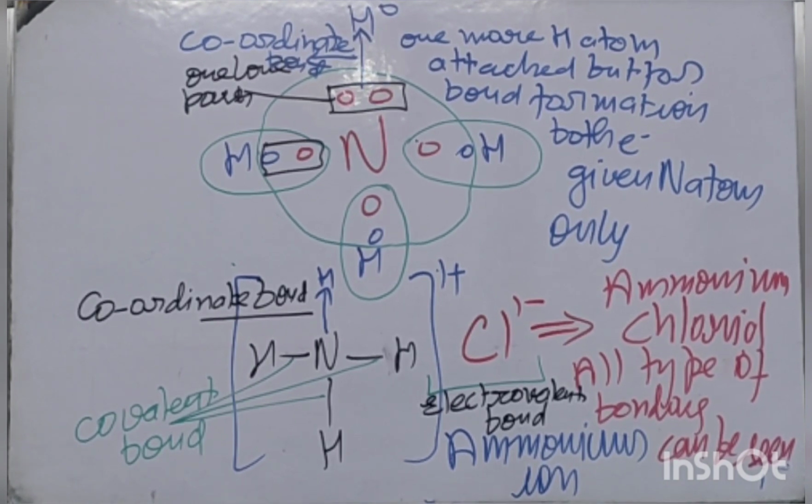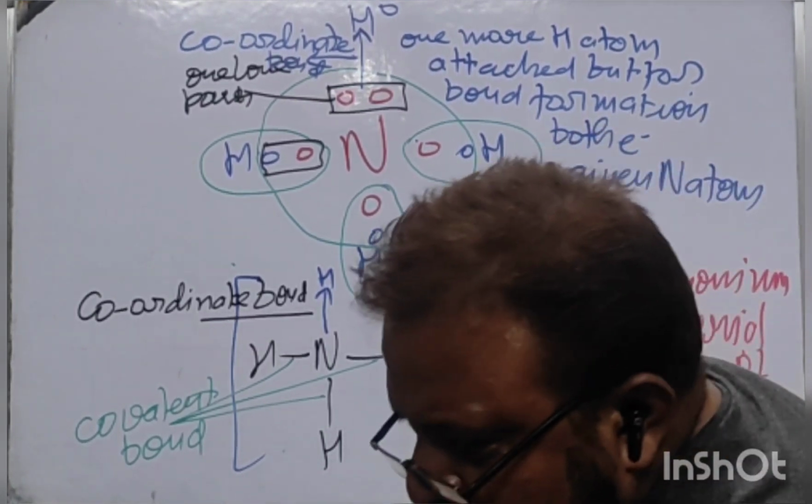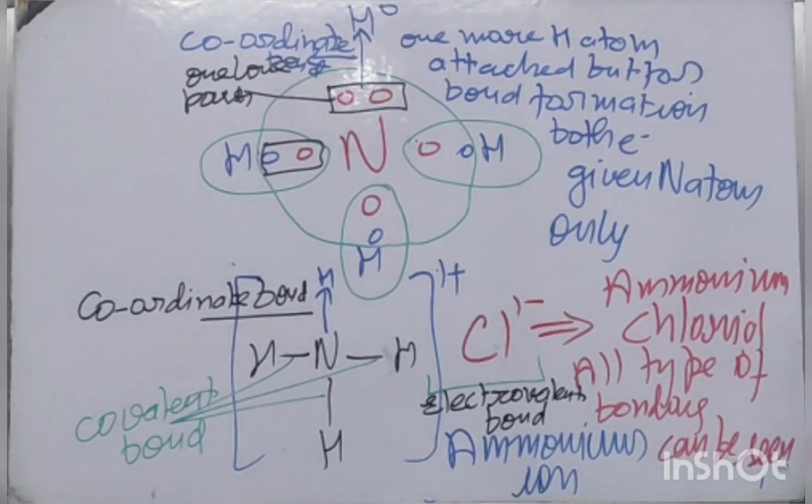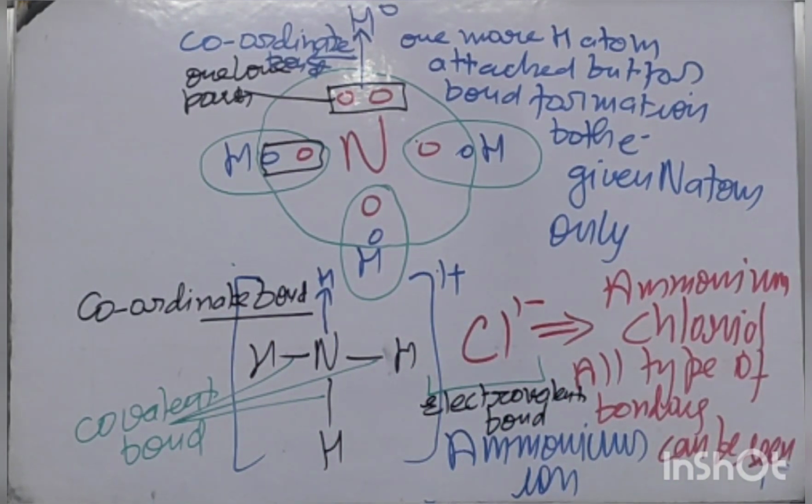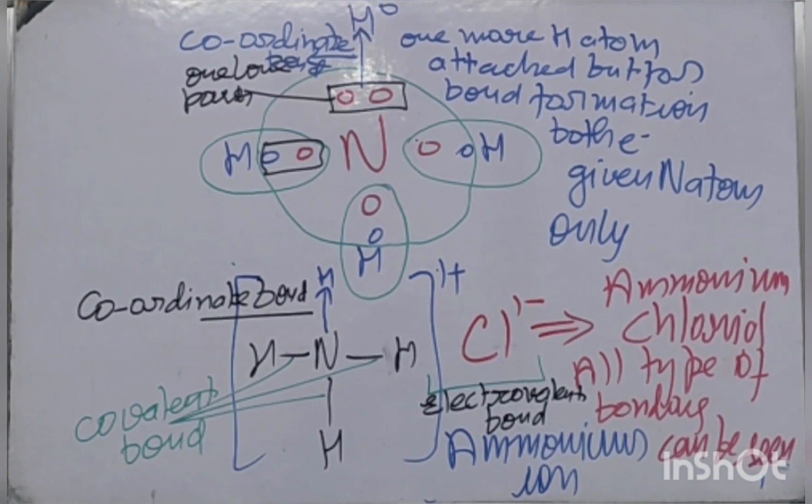I hope you understand. So this much, I hope. After that there are so many examples, but they are similar to what I told you, and they are given in your book. So you just go through your books, you will find all the things which I discussed, all the major points.